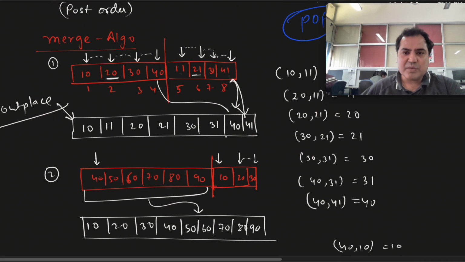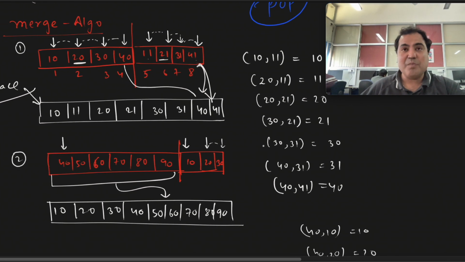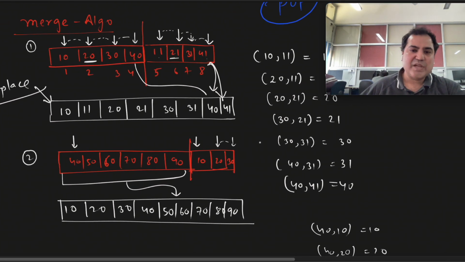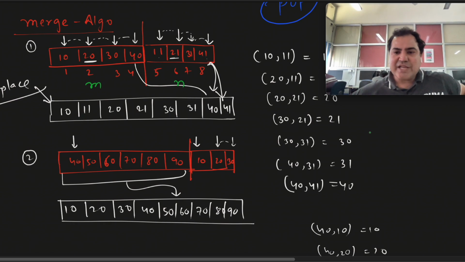Now there is one more very important thing, that is the number of comparisons. If we have m elements in the left subarray and n elements in the right subarray, the number of comparisons will be exactly m plus n minus 1. The last element we need not compare, the way we have done here: 40 is stored.